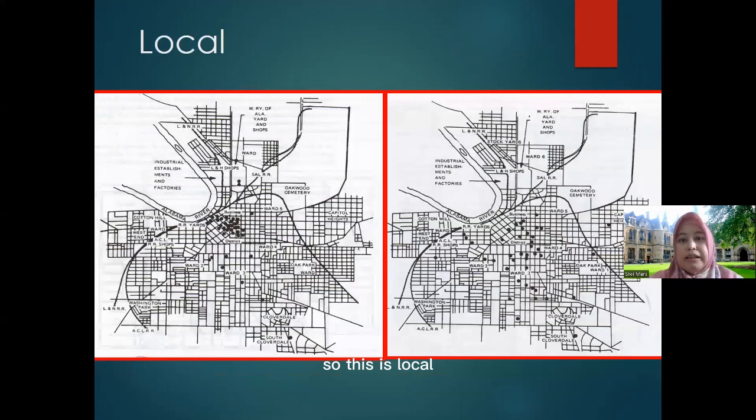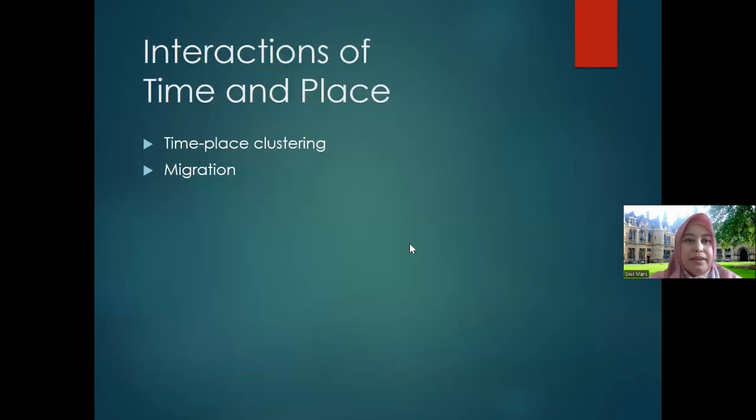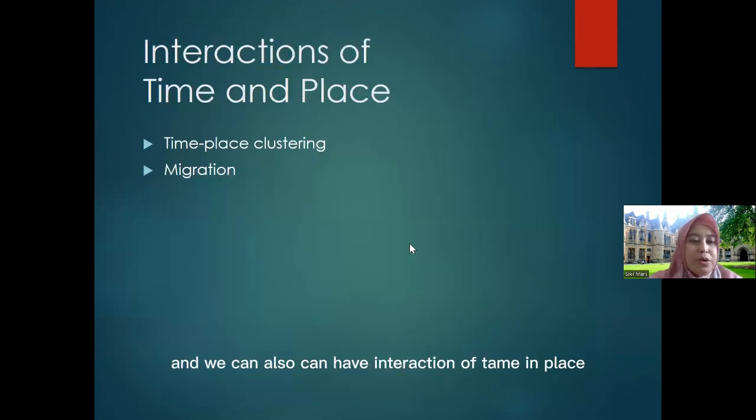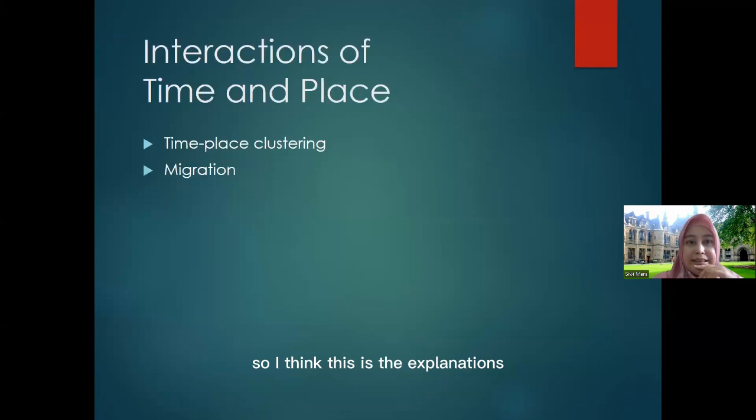So this is local, or we can build a map, and we can also have an interaction of time and place, like time-place clustering, or the migration trend of people. So I think these are the explanations about descriptive study.